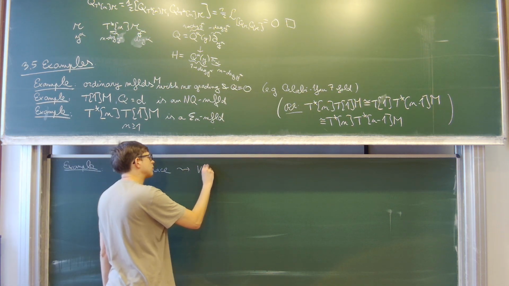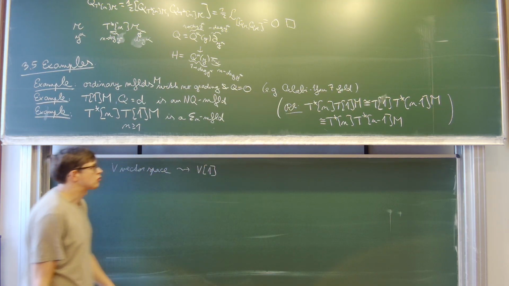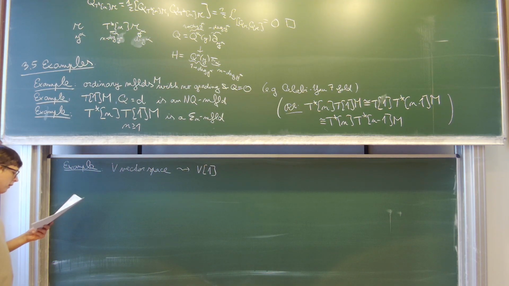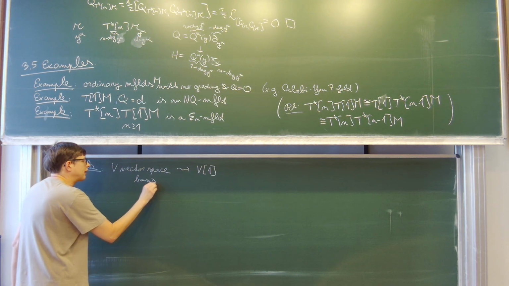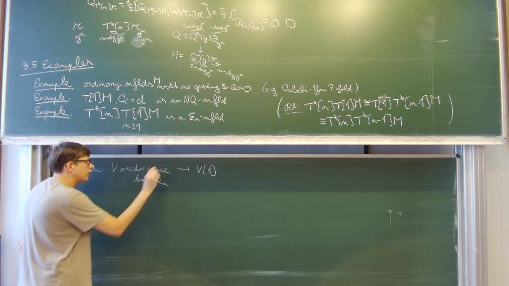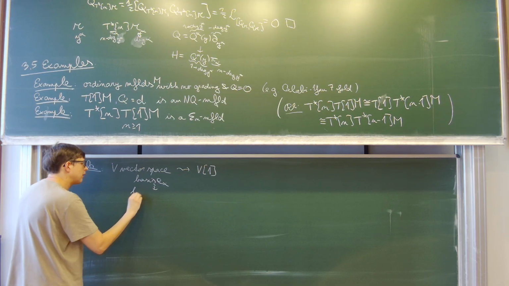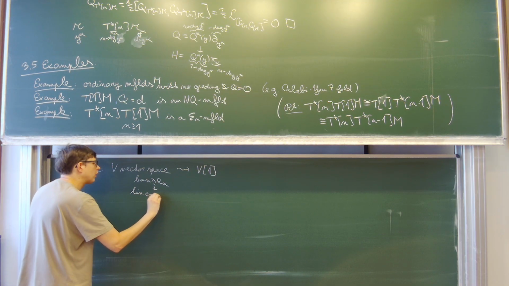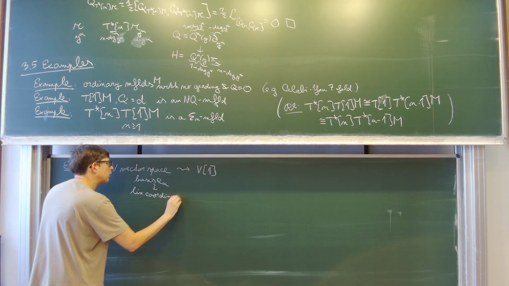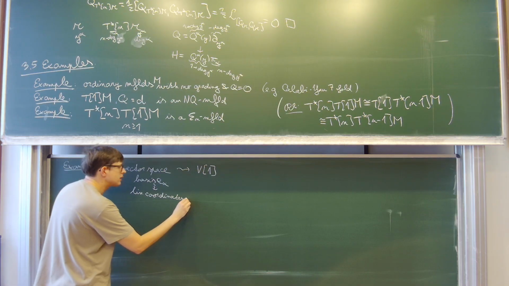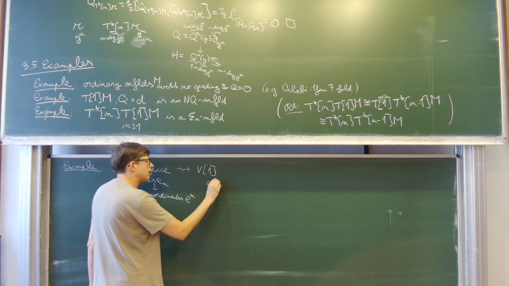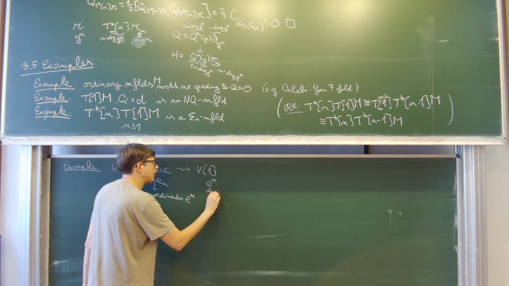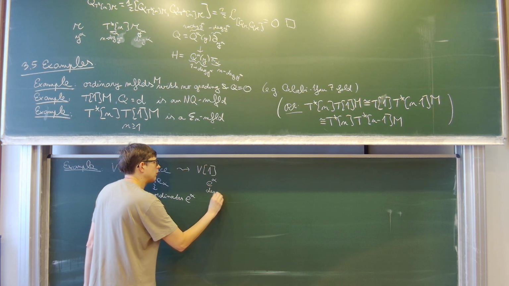You can shift it so you get a space which looks like this: V shifted by degree 1. Explicitly, if you pick a basis E alpha, then you have linear coordinates corresponding to the dual basis, and this space is described precisely by these coordinates, except that you assign them degree 1.